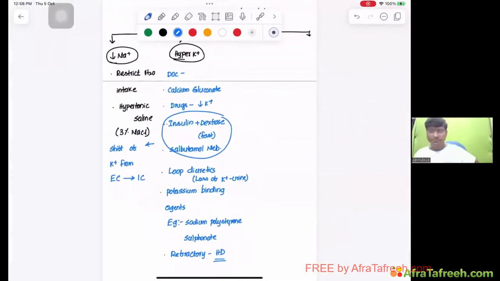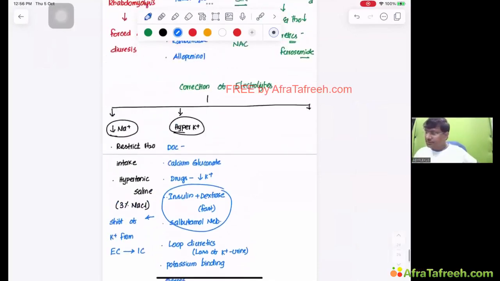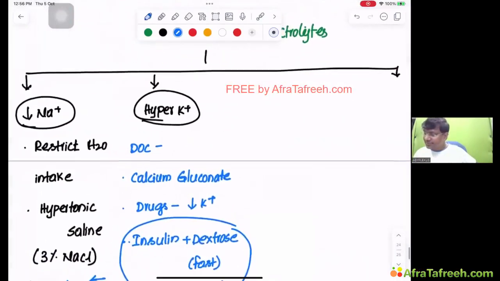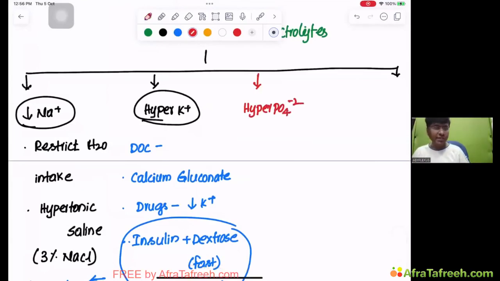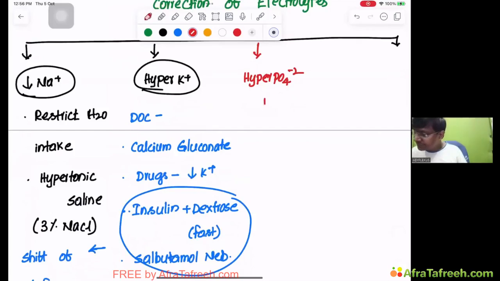Now, after the discussion on hyperkalemia treatment, these patients are also having hyperphosphatemia and hypocalcemia. So how will you treat the hyperphosphatemia? It is treated by giving phosphate binding agents.